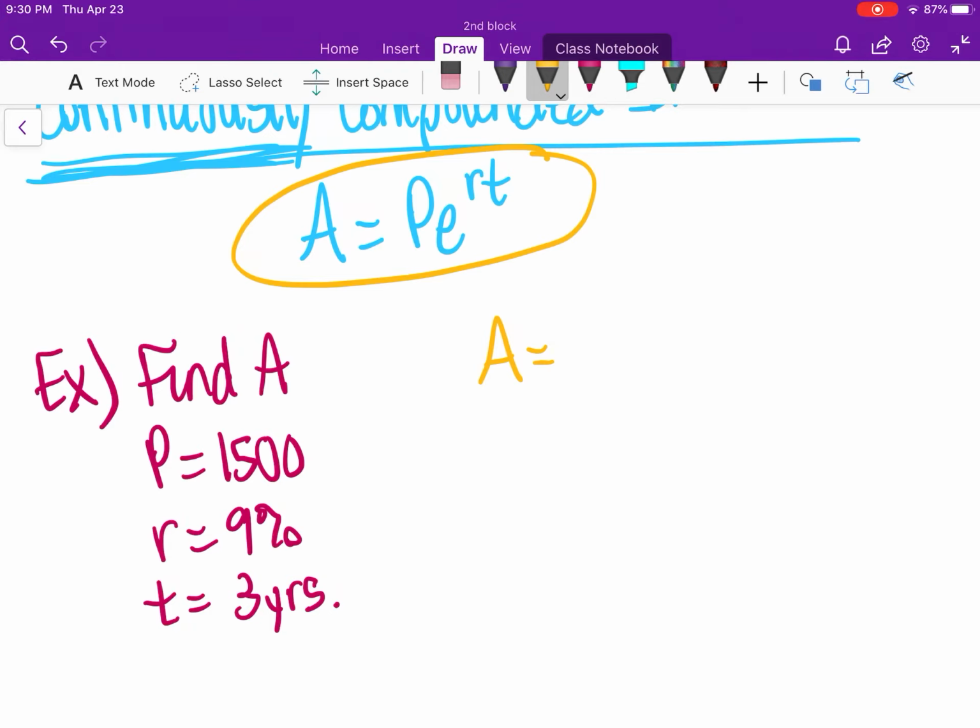Now, what do you think? Should we end up with more money than the $1959.07 we had before? Or should we end up with less money than the 1959.07? So be thinking about that while we work through this and see if your guess was right.